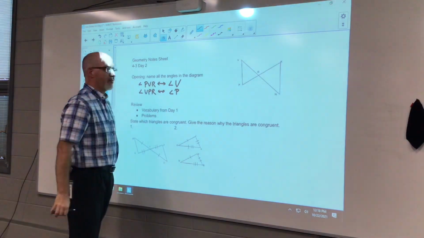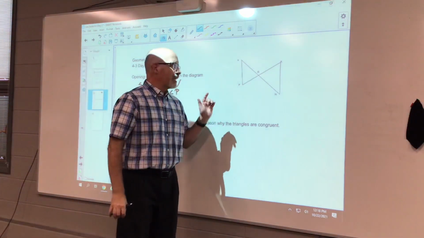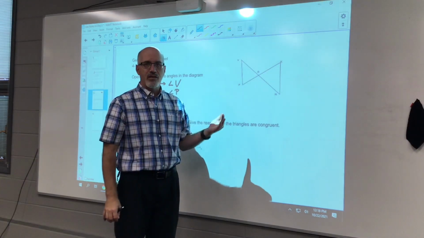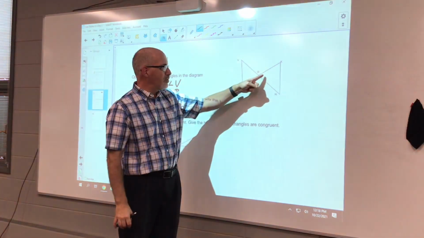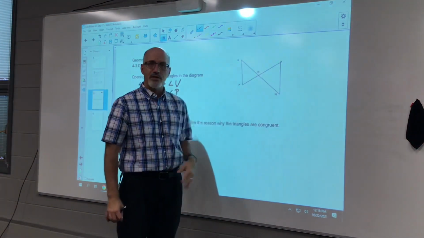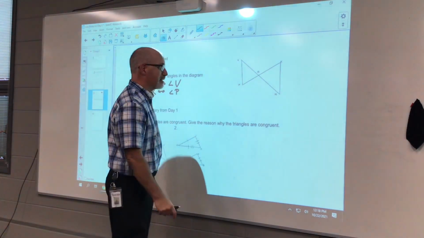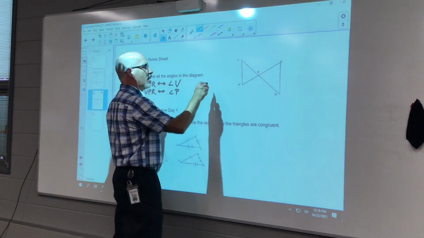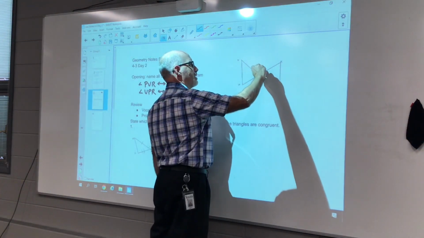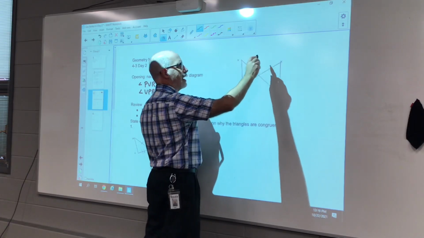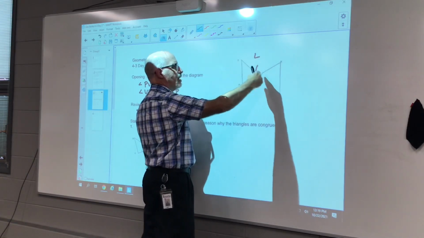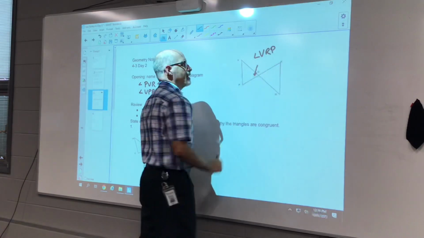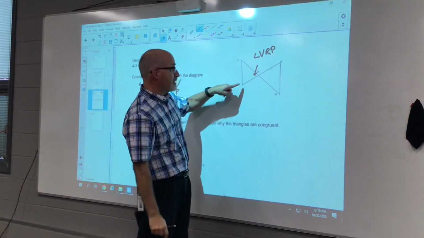But to be clear, when I get to R here, I can't just list angle R because there are actually 2 in the triangles and also 2 outside the triangles, so we can't identify which one we're referring to. So when I do angle R, I'm going to put this one right here. This is angle VRP, which we could also list as PRV.